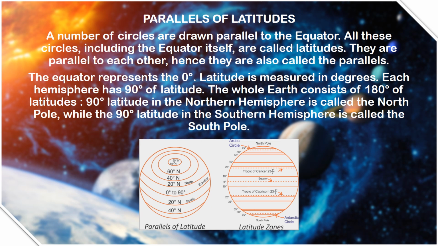Latitude is measured in degrees. Each hemisphere has 90 degrees of latitude. The whole Earth consists of 180 degrees of latitudes. 90 degrees latitude in the northern hemisphere is called the North Pole, while the 90 degrees latitude in the southern hemisphere is called the South Pole.